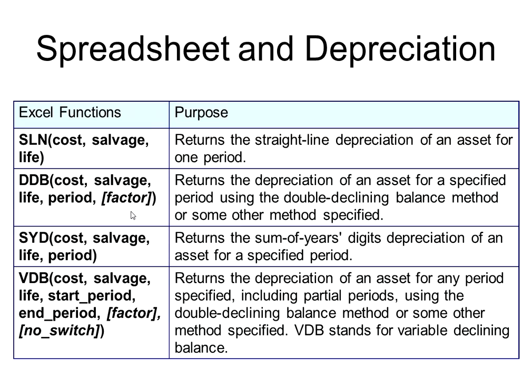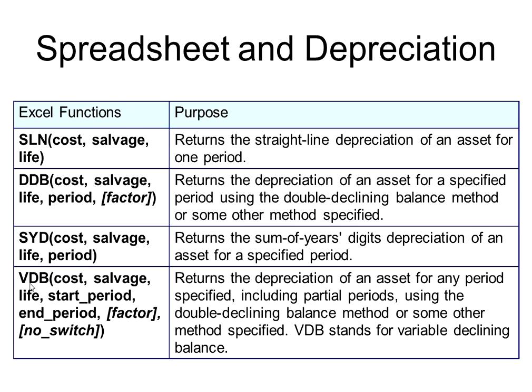Then we can also have a factor, and again, this parameter is not required. Also, the sum of years' digits has a function in Excel, SYD. Again, cost, salvage, life, and the period, like before.